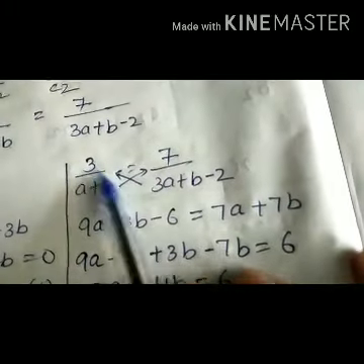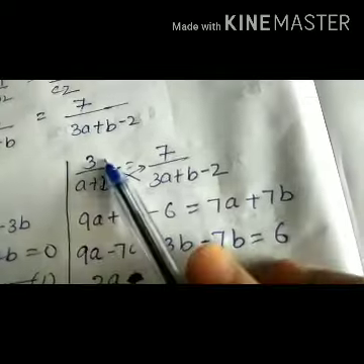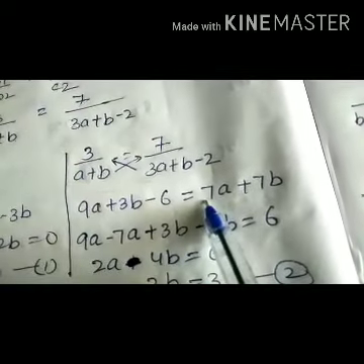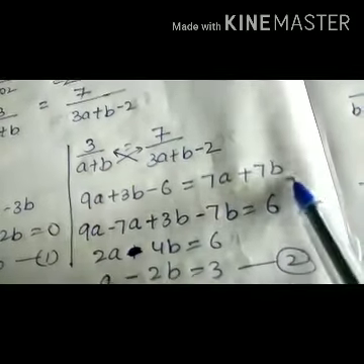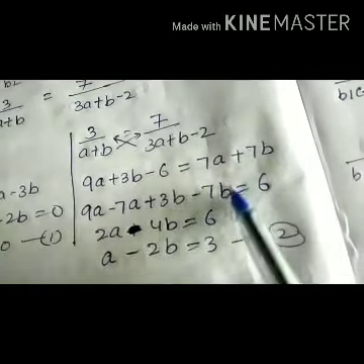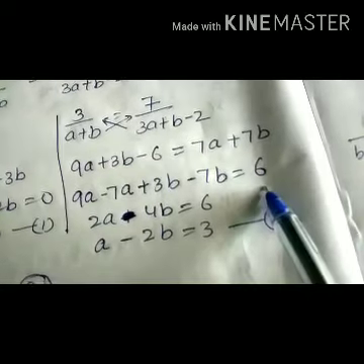Again cross multiplication. 3 3s are 9a, 3b minus 3 2s are 6 is equal to 7a plus 7b. 9a minus 7a plus 3b minus 7b is equal to minus 6 is here and here it will be plus 6.